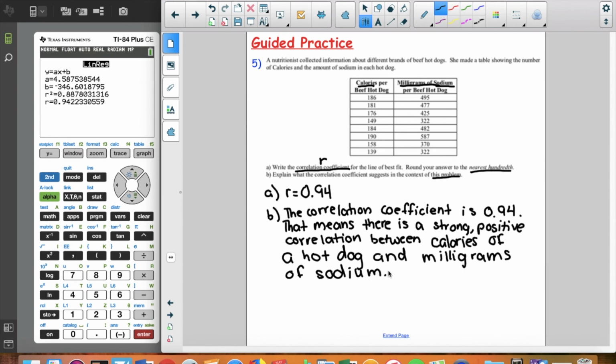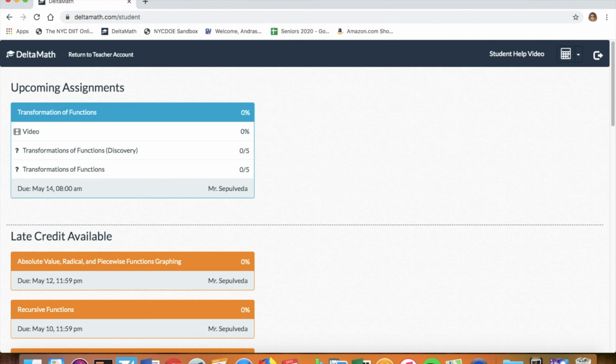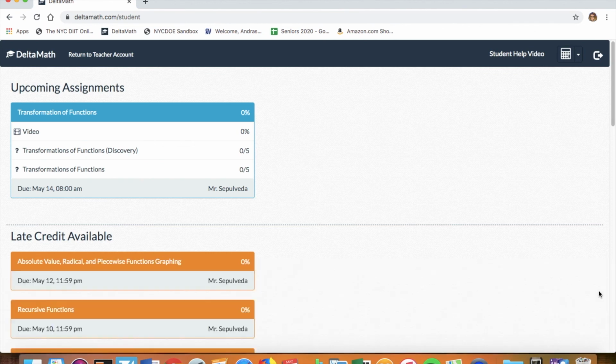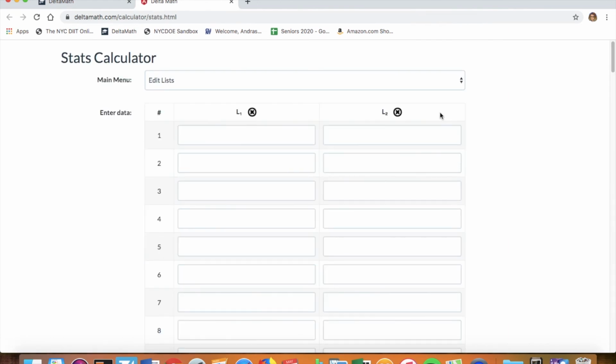Okay. All right. Now, since I know not all of you have the calculator, whether you have it on the app, on your phone, I'm going to show you how to use Delta Math for it. So your Delta Math page looks like this. Again, this is your regular calculator button. When it pops up, a normal calculator comes. We're not going to be using that. Press the arrow, go to a statistics calculator because we are using statistics.